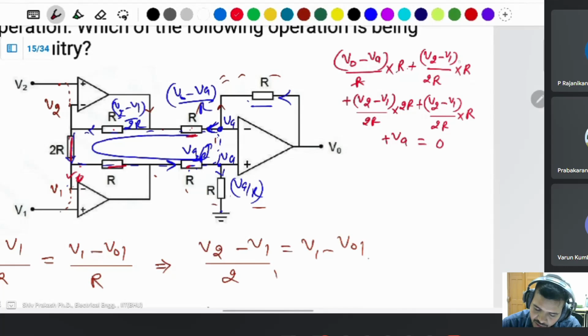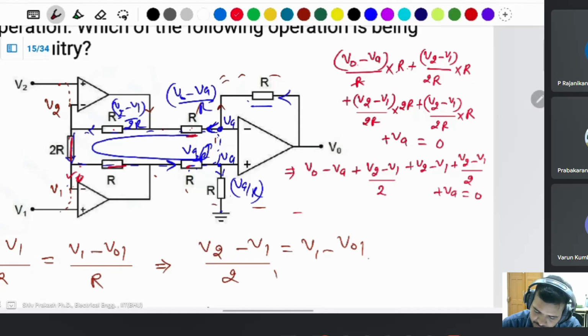Then R will be cancelled out everywhere. This will be V0 minus VA plus (V2 minus V1) divided by 2, plus (V2 minus V1), the 2s are cancelled, plus (V2 minus V1) divided by 2, R will cancel out, plus VA is equal to 0. In this pattern, VA will be cancelled out.